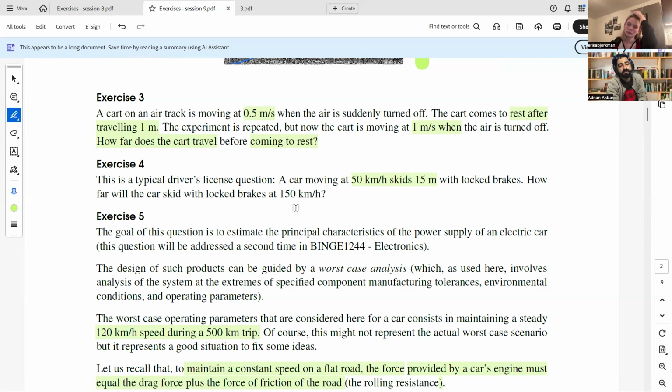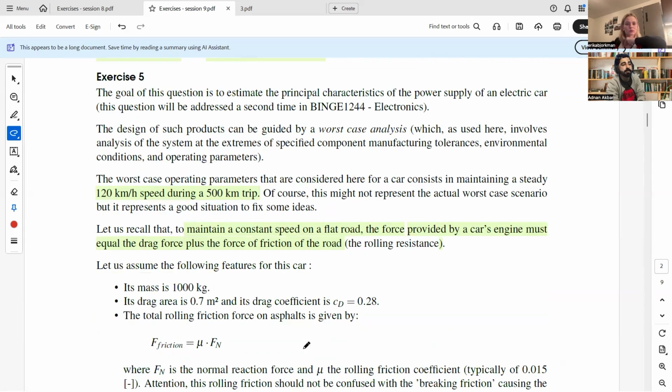How far will the car skid with locked brakes if the speed is 150 km per hour? Now the speed is increased to 150 km per hour. Since the speed is a bigger value, it is understood that its skidding distance will also be bigger, but let us check how much it will be.